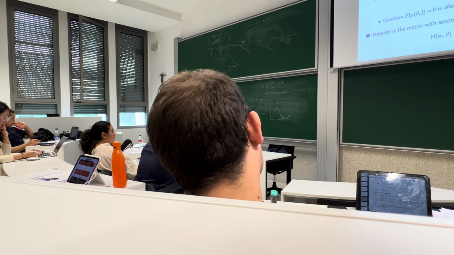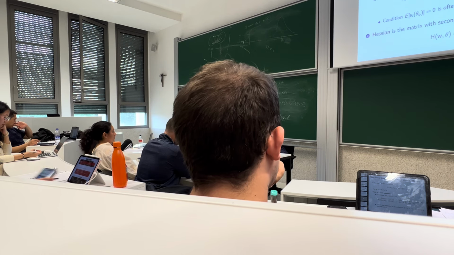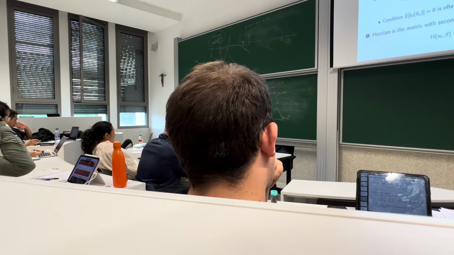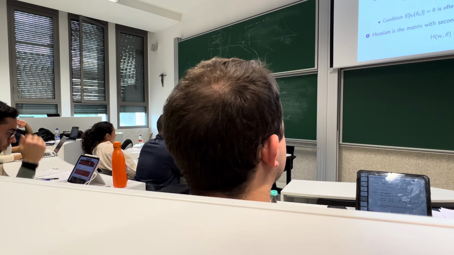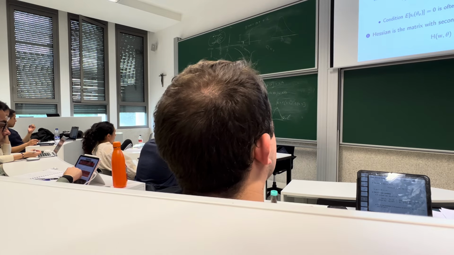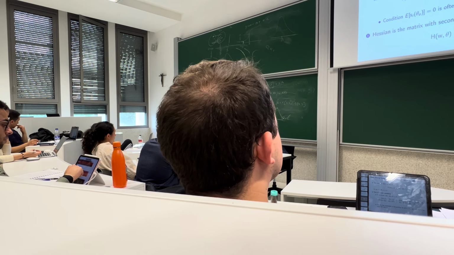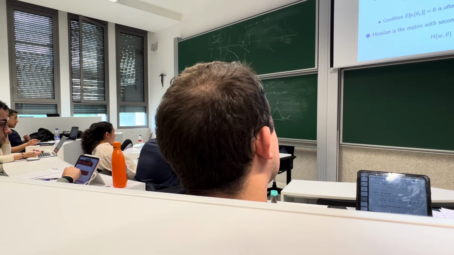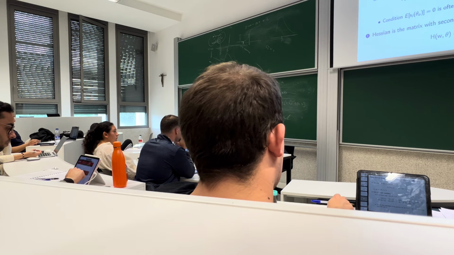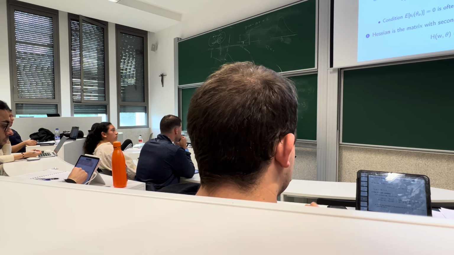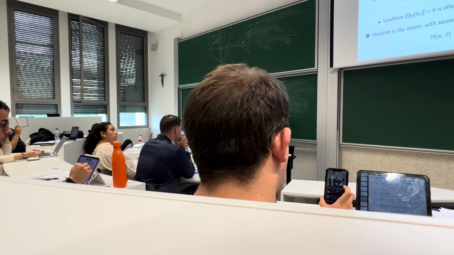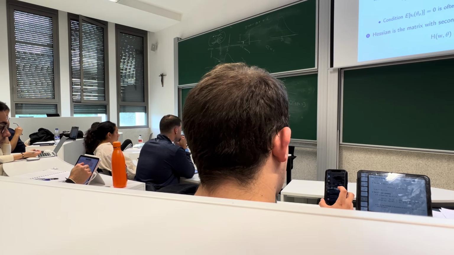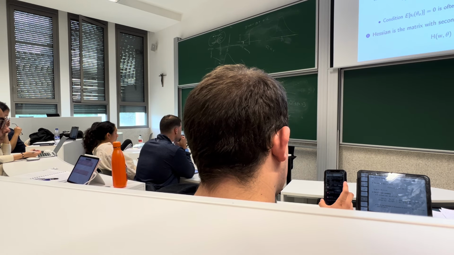Now, it can be shown, as we saw yesterday, that the asymptotic distribution of OLS can be generalized to all M estimators. And it turns out that that asymptotic distribution, and we don't have to go through it, is a function of two elements, first and second derivatives.